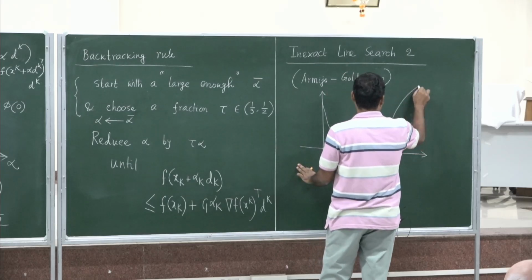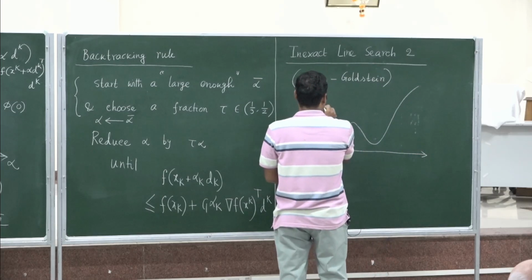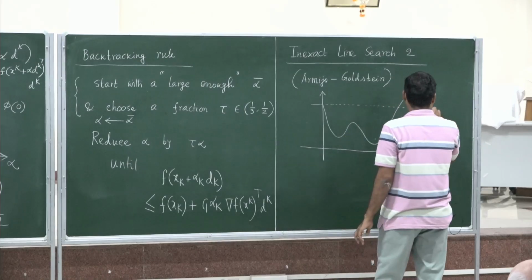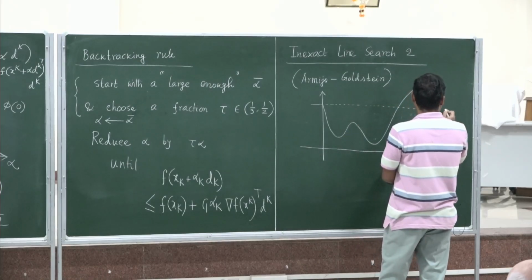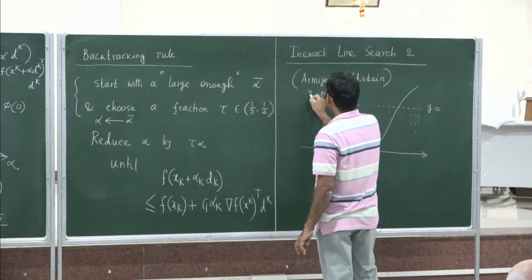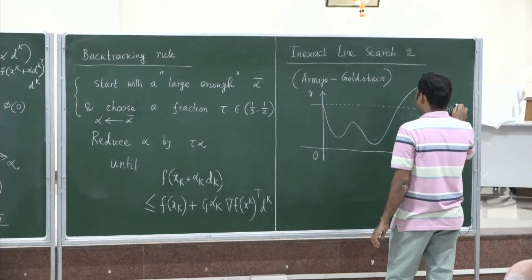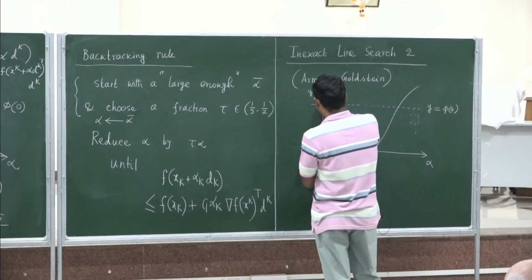If I quickly graph it out and figure out a region, here goes y equal to phi 0. It was our tangent line.